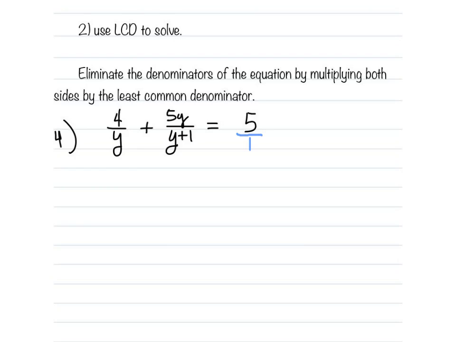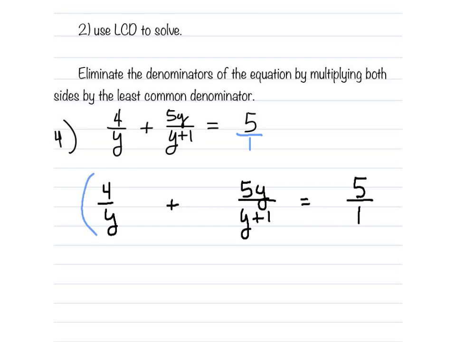Watch. 4 over y plus 5y over y plus 1 is equal to 5 over 1. Okay, so I'll do this in a different color just so that you can see it. What I want to do is multiply every term by y times y plus 1.